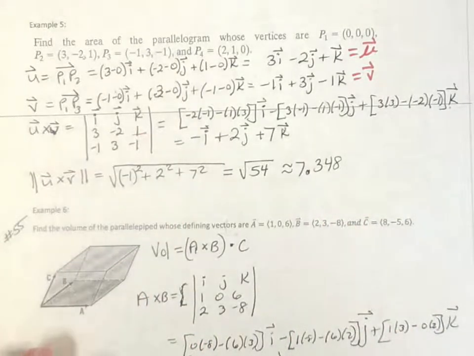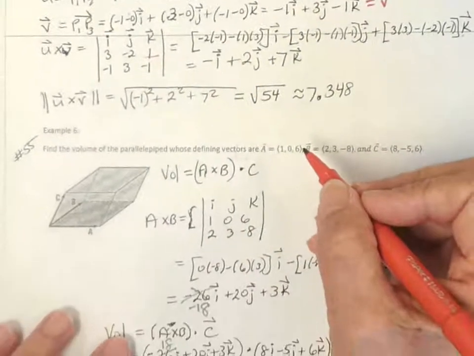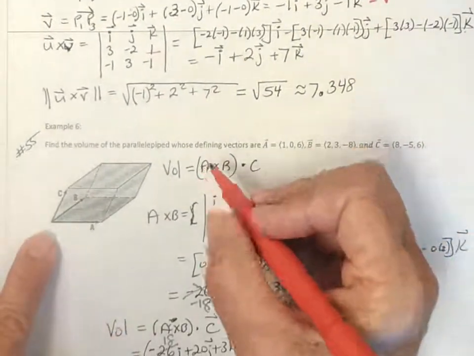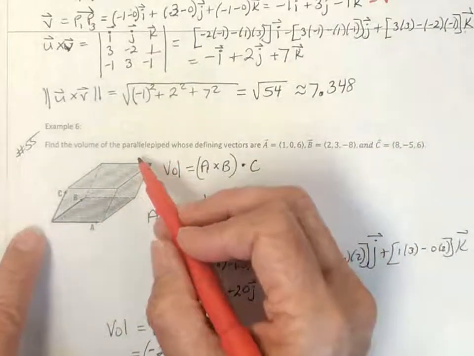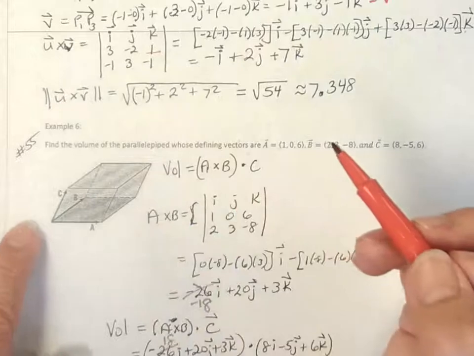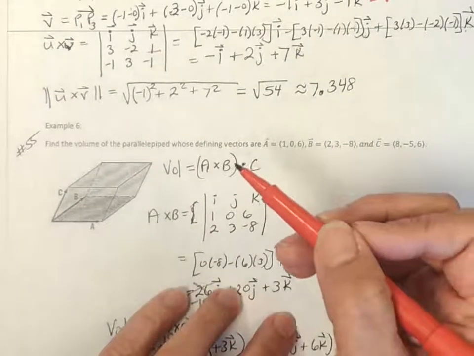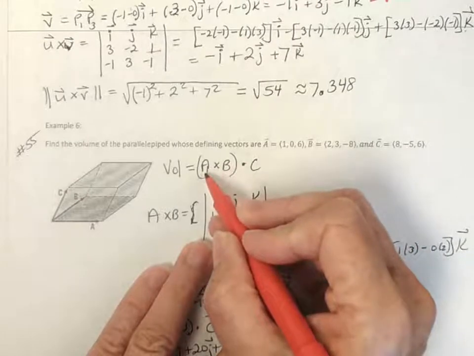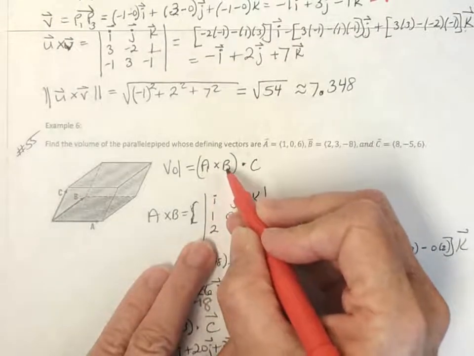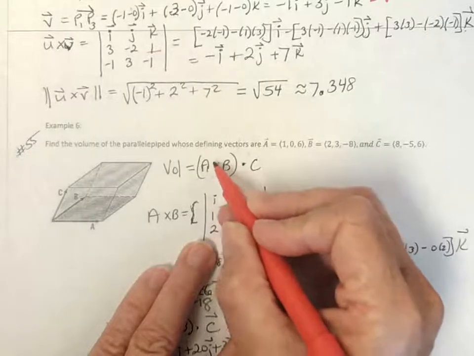And let's do another one. This time it's just a little bit different. I'm trying to find the volume of this parallelepiped. So, a little different. But what I'm going to do is cross vectors A and B, which gives me the area.